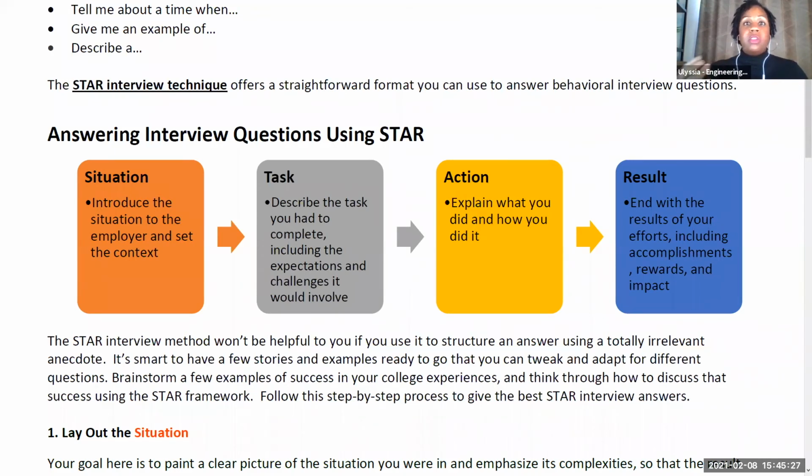If you can understand as much as possible what the employer is looking for, that's going to give you a preview of the types of questions they're going to ask, because naturally the questions are going to reflect the skills that they want to see in the person that they're going to hire. So spend a lot of time reviewing the job posting, trying to anticipate what types of questions they're going to ask. Number three, practice, practice, practice.